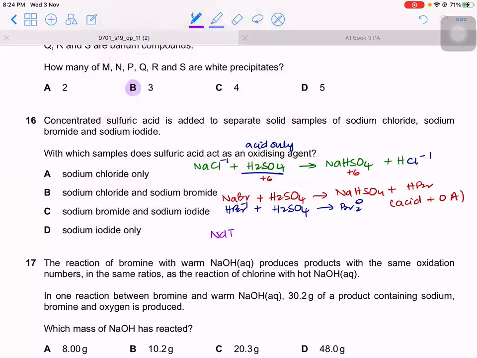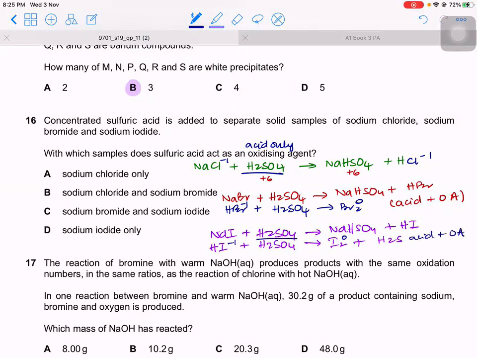With NaI and H2SO4, you make NaHSO4 plus HI. This HI further reacts with H2SO4 to make iodine plus H2S. Do you see? Iodide goes from -1 to 0. Again, it's getting oxidized. So here too, H2SO4 acts as an acid and an oxidizing agent. So where does it act as an acid and oxidizing agent? With bromide and iodide. The answer therefore is C.